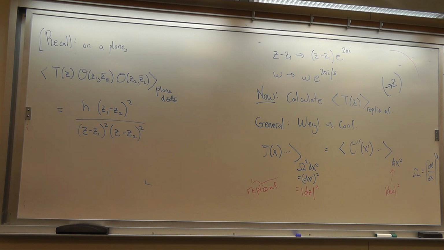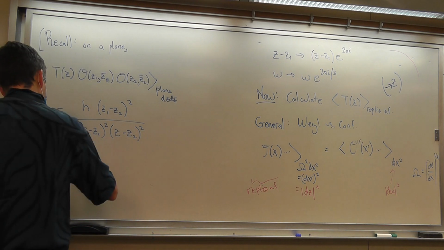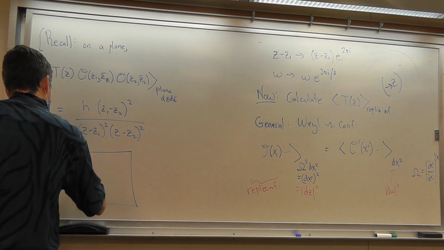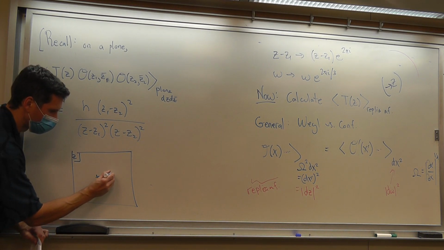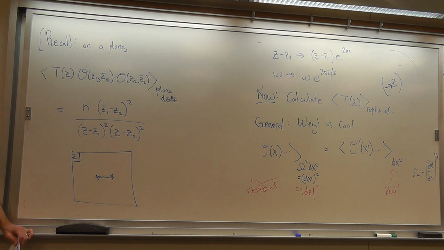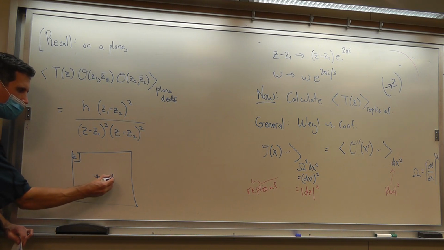So what we've just shown over there is that, up to a factor of 1 over n, which I'm going to explain in a second, putting a cut, okay, so you start with the z-plane and put this cut here, in other words taking n copies and gluing them all together on this cut, as far as the stress tensor is concerned, is the same as inserting some local operators at the endpoints of the cut.